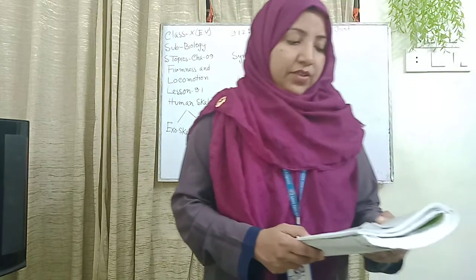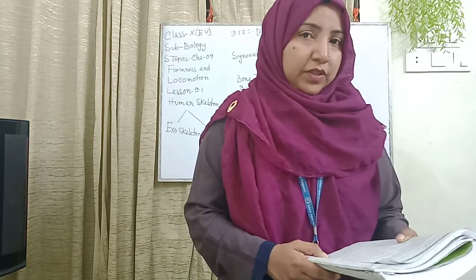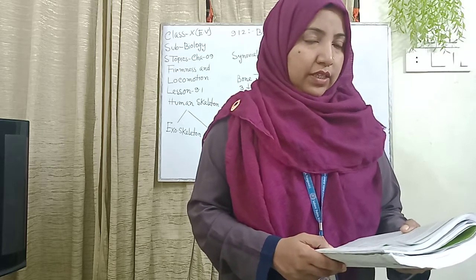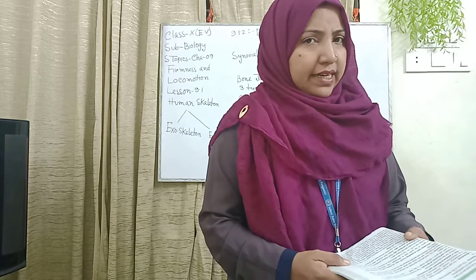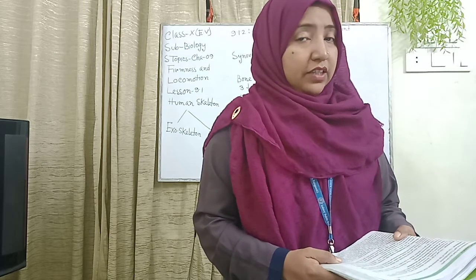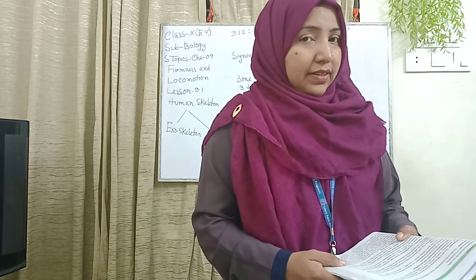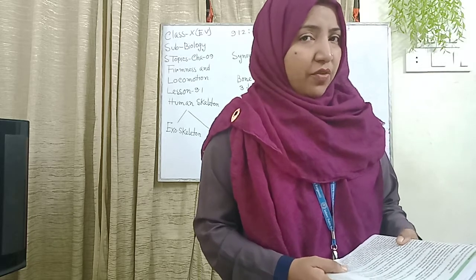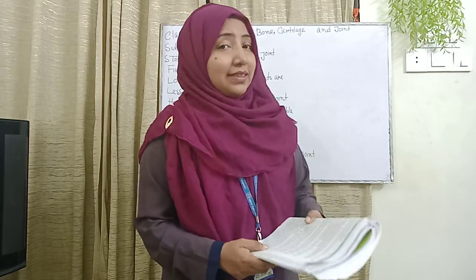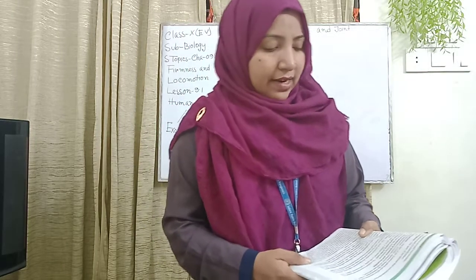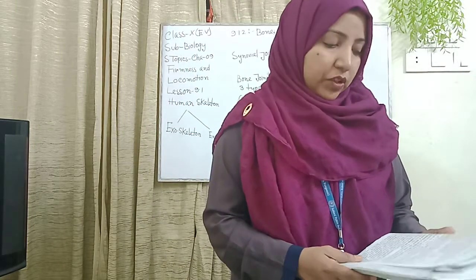Role of the skeleton in firmness and locomotion. First role is the structure and firmness of the body. Second, very important, is protection. They protect the soft structures, basically inside the stomach, brain, etc. Third is movement and locomotion.